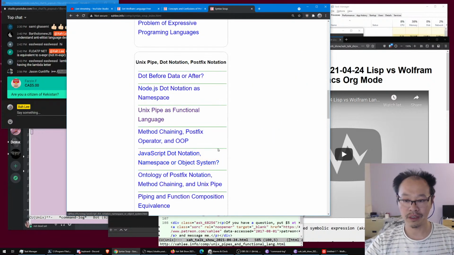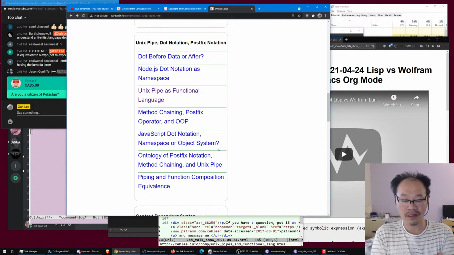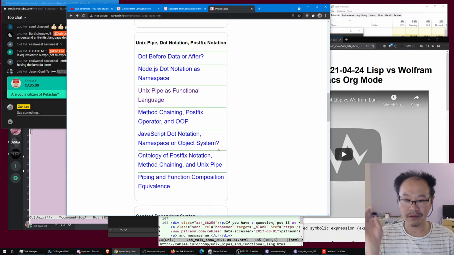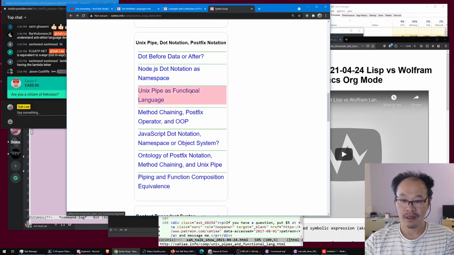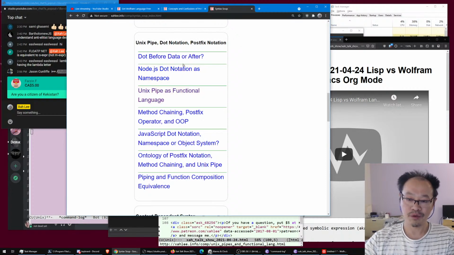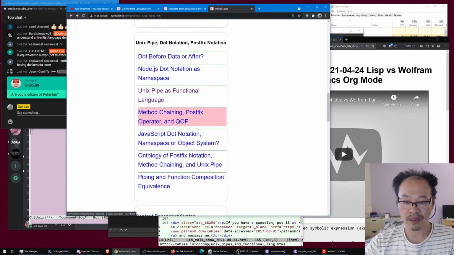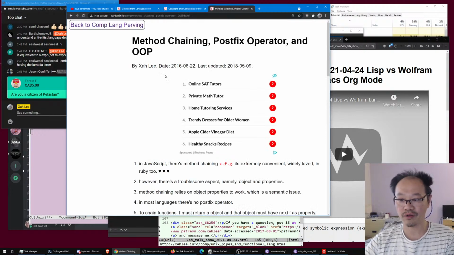Okay, so let me return to the article. I have about 6 articles about pipe, and let me mention this dot notation. First of all, let me tell you about method chaining, the postfix operator, and object-oriented programming.